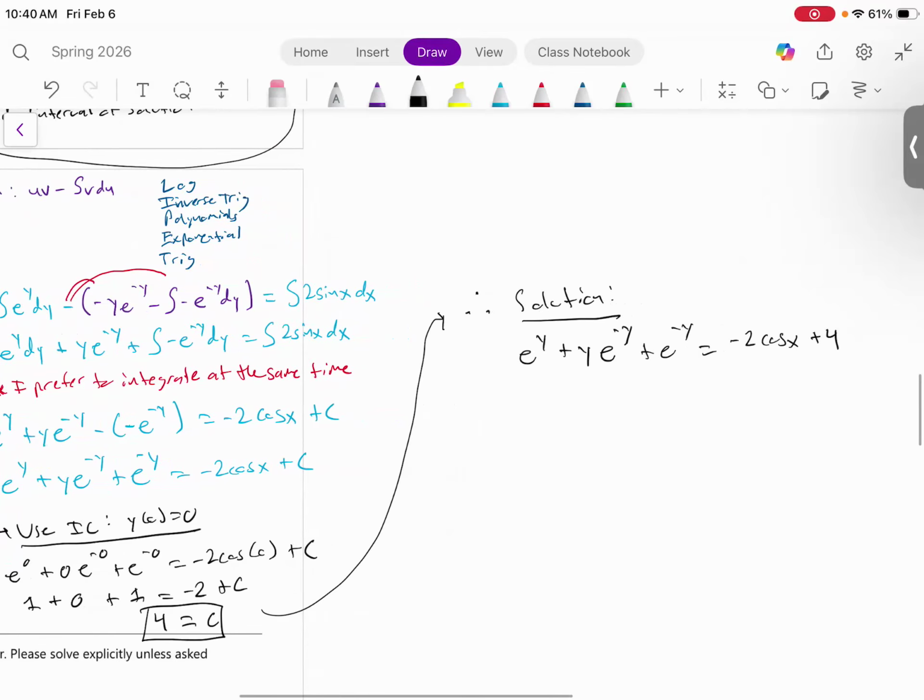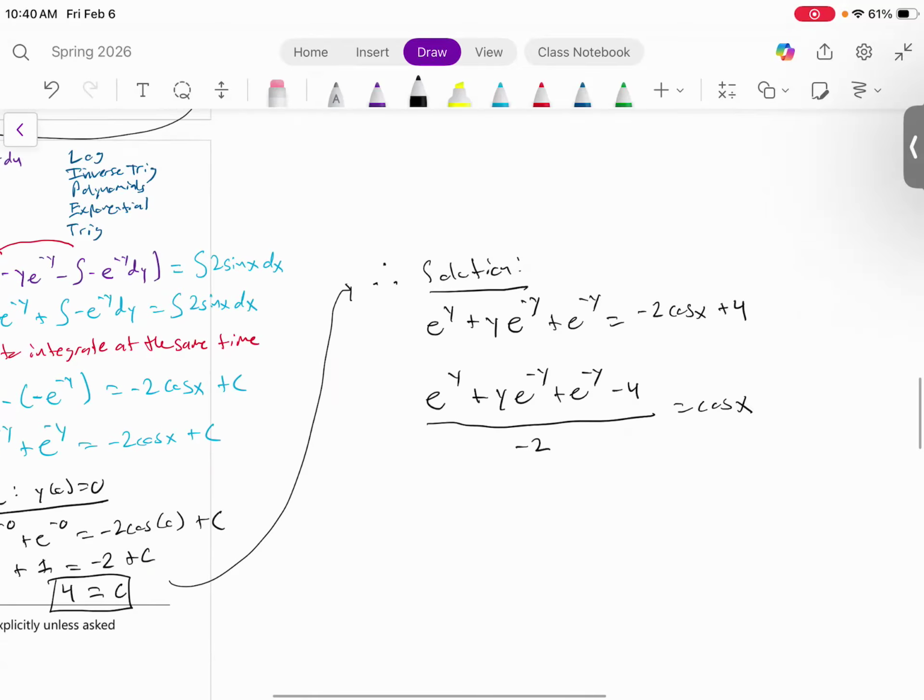We could subtract 4 and divide by negative 2 on both sides. And then you could inverse cosine both sides if you want. And so what you could get is, essentially, x equals inverse cosine of e to the y plus y e to the negative y plus e to the negative y minus 4 all over negative 2.